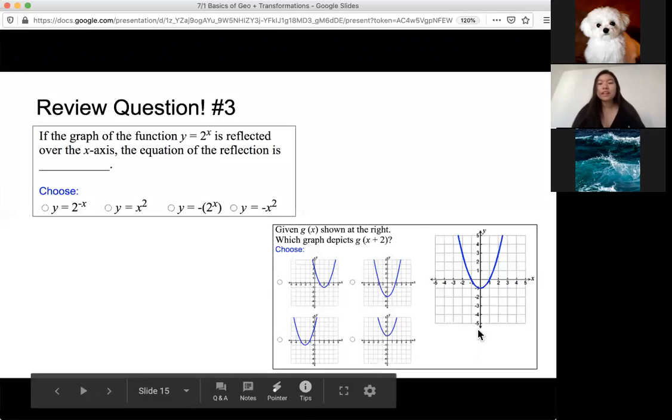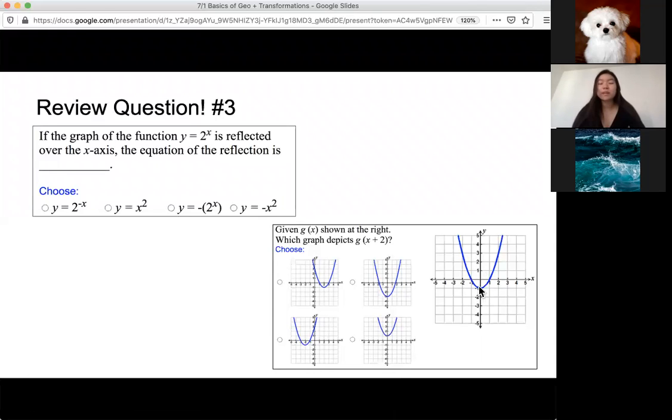It's the opposite of whatever the function is given. So because y is positive here, it's reflecting over the x-axis. And so when you divide the negative over to the y side, it becomes negative y. If anyone needs explaining of that.